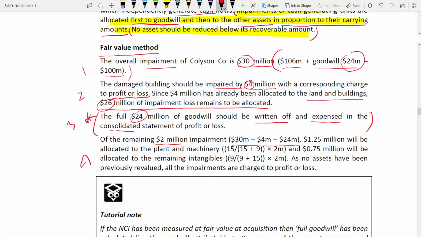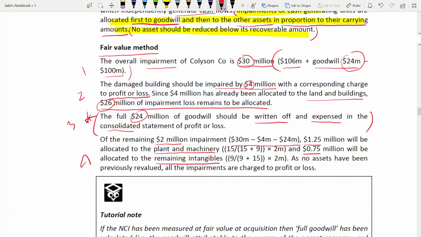So now, out of this 2 million, 1.25 million will be allocated to plant and machinery, 0.75 will be allocated to the remaining intangibles. How are they showing it? They are showing a working also. They are showing you the working, how they got this 1.25 and 0.75. So for plant and machinery, what is the impairment?